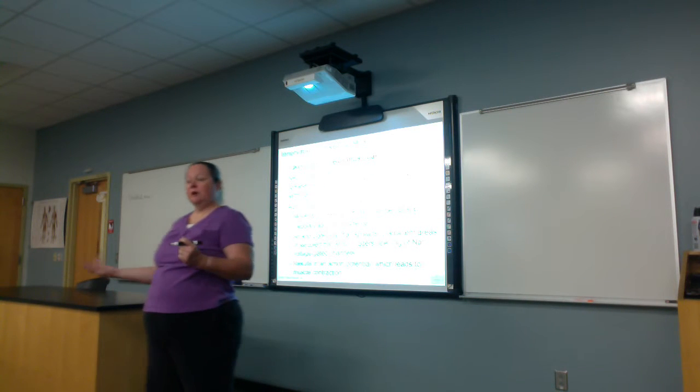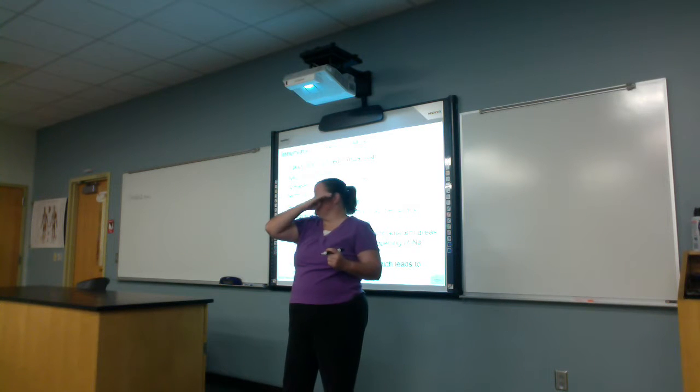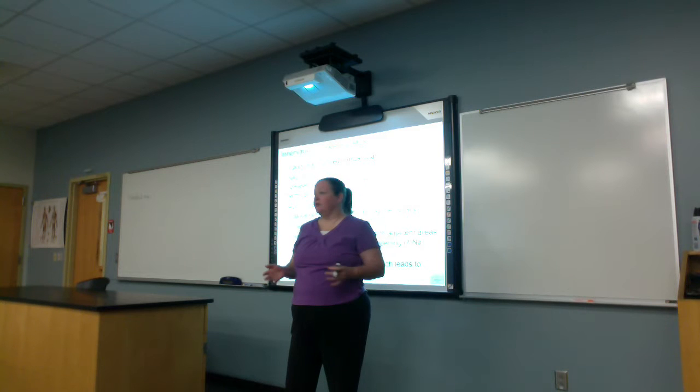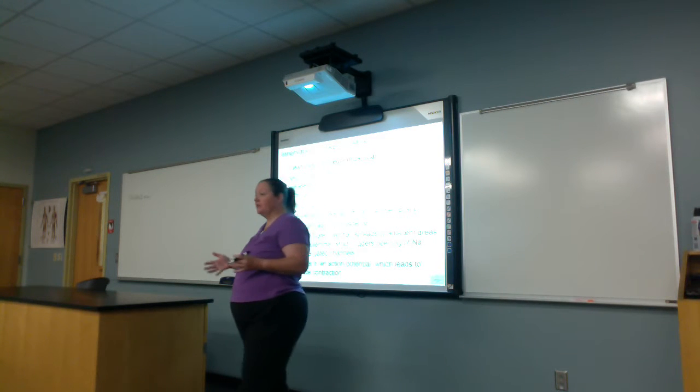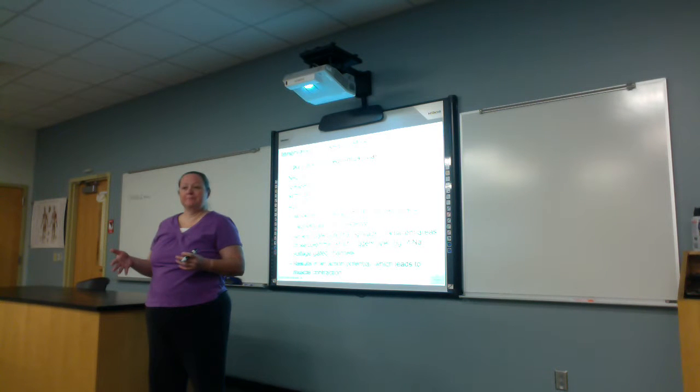I hope so. You guys seem to remember it on the test pretty well. So precentral gyrus. It's going to go down somewhere along the way. It's going to decussate. And it's going to end up in what part of the spinal cord? Ventral horn.